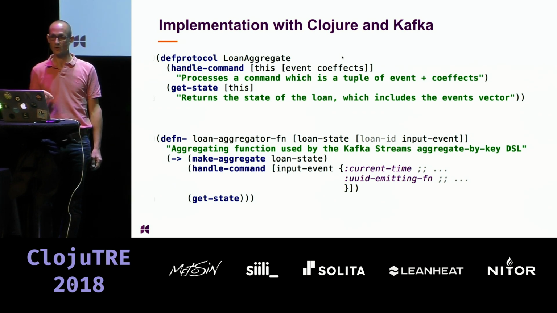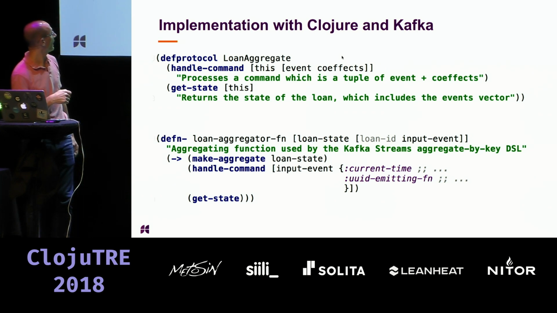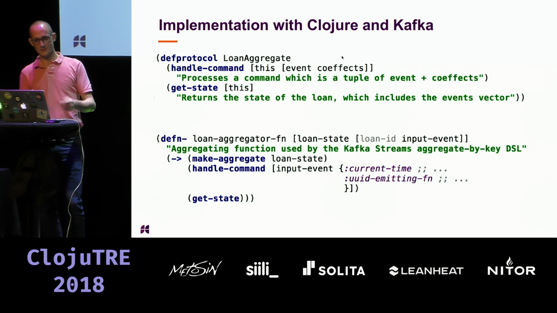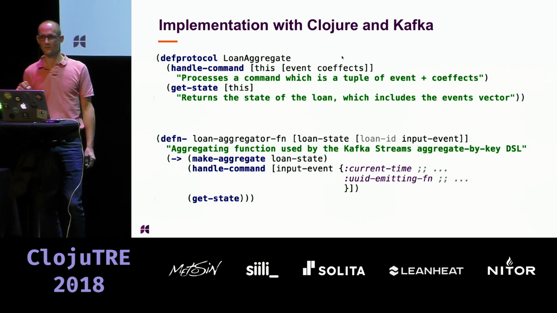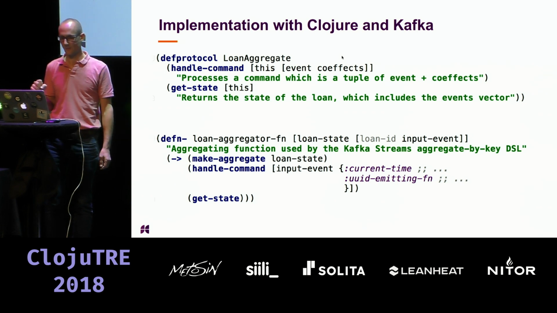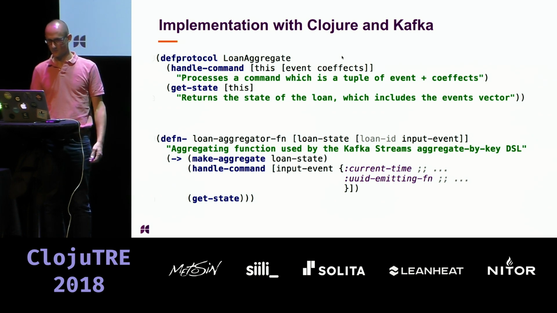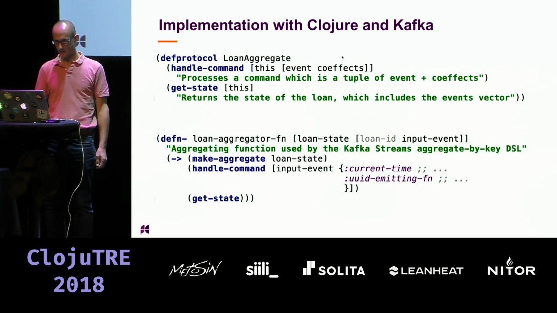Handle a command takes the aggregate, obviously, and takes an event plus a list of coeffects. Coeffect as in re-frame, if you use and know the framework. It's in order to try to push the side effects out of the aggregate and the processing function of the aggregate.